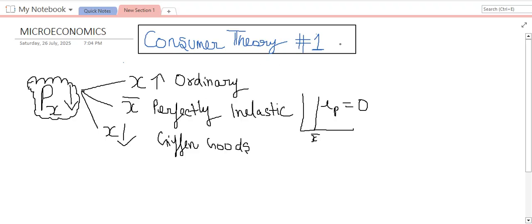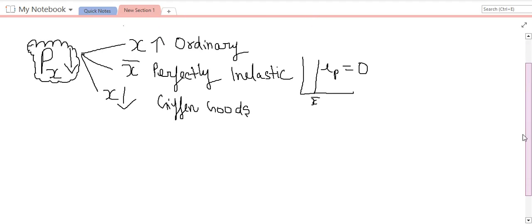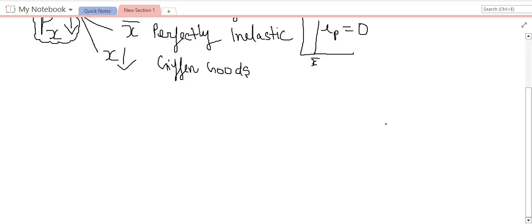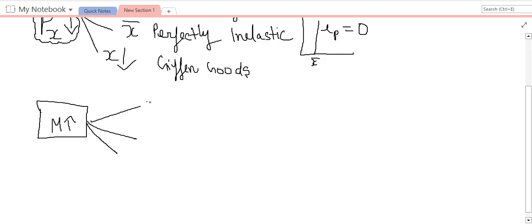Now, if you want to talk about the similar thing in the lines of income change, we can see it in this manner. Suppose income increases, we denote income by M. Now there can again happen three cases. The demand for X can increase, it can remain constant, or it can fall.